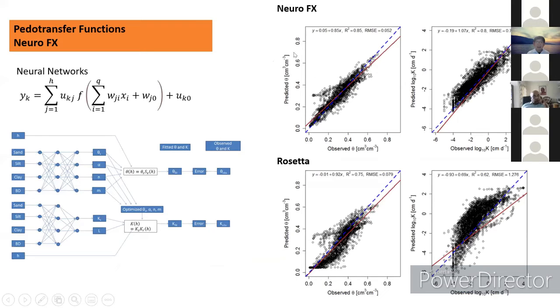So this is the new pedotransfer function that predicts the water retention and hydraulic conductivity. This is the Rosetta function. Of course, we show that our model, the pedotransfer function, can predict better in this condition.